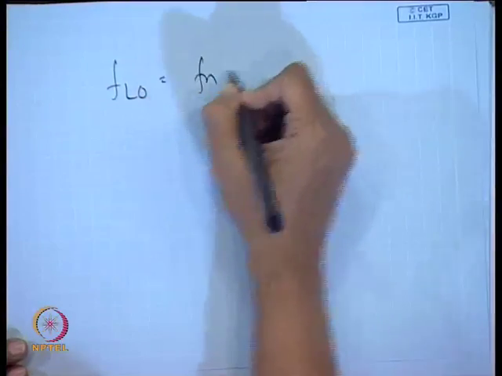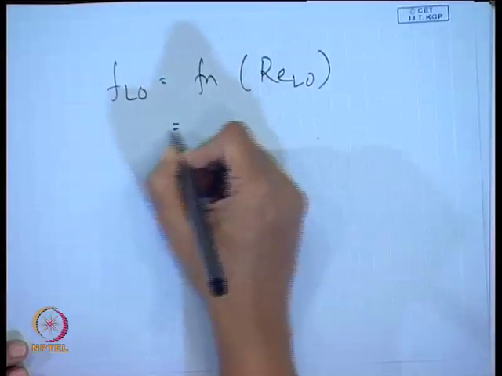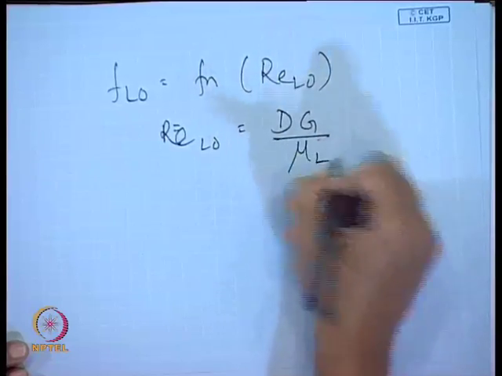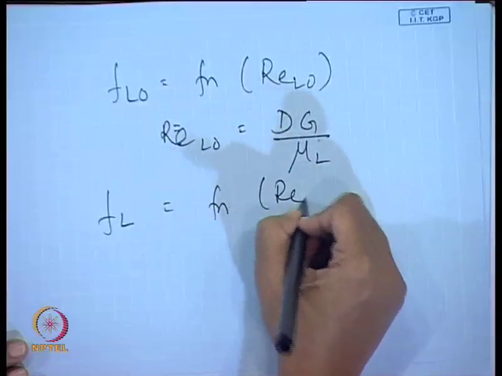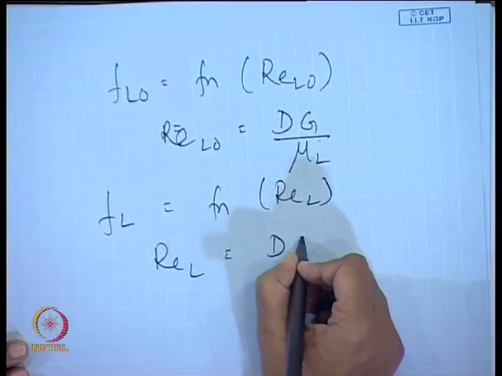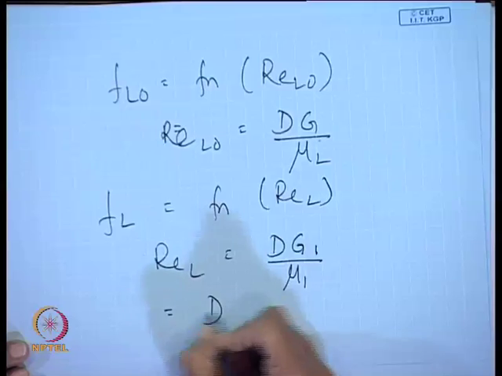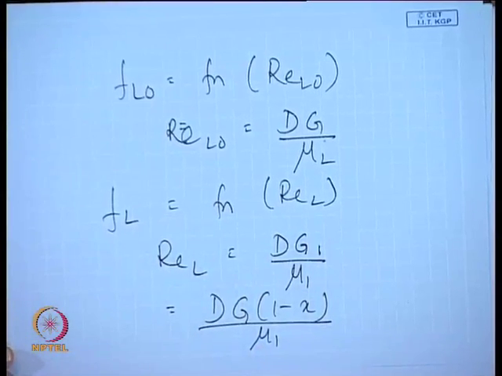So, for the first case, we find FLO is a function of ReLO, where ReLO is nothing but dG by mu L. FL is a function of ReL, where ReL is dG1 by mu L, or in other words, in terms of input parameters, it is this.